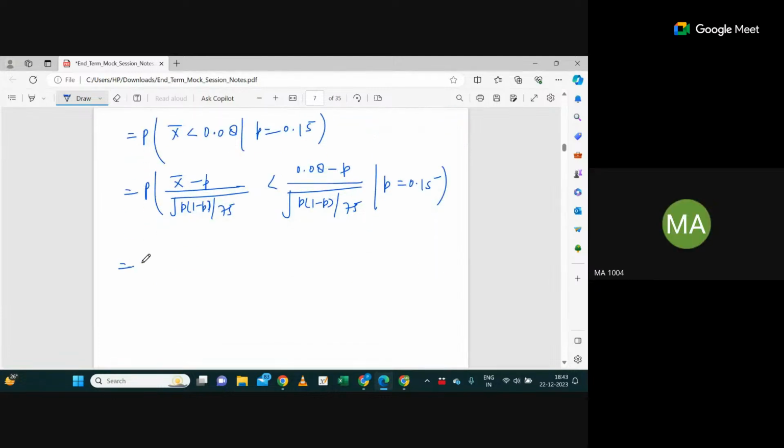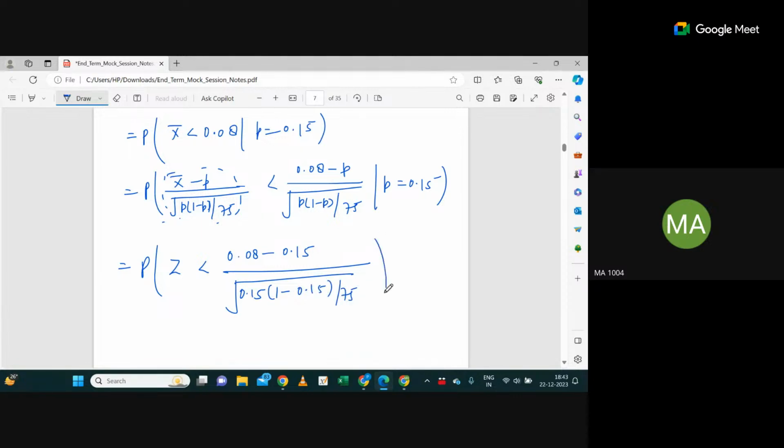So now this term is nothing but Z. It will be Z less than 0.08 minus 0.15 divided by square root of 0.15 into 1 minus 0.15 divided by 75. Just substitute the value.